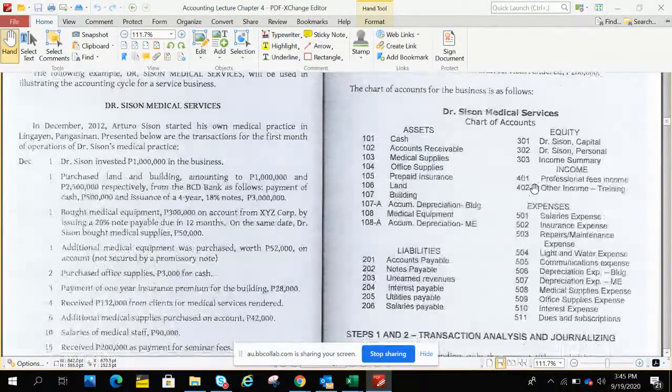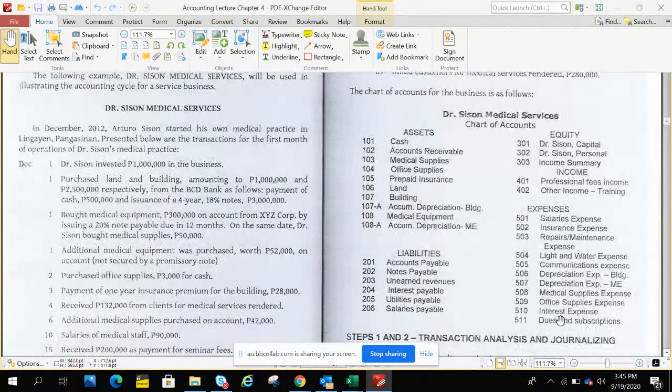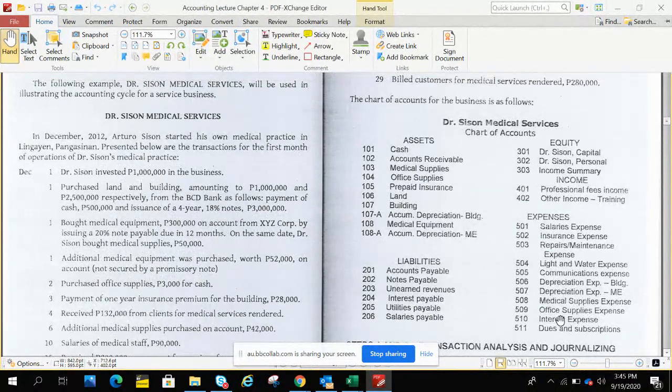So, magkano lahat? 2,000 and 2,800. So, total of 4,800. And we paid ba? Kaya hindi payable. Credit, cash. So, debit expense, dues and subscriptions, and then credit, cash.